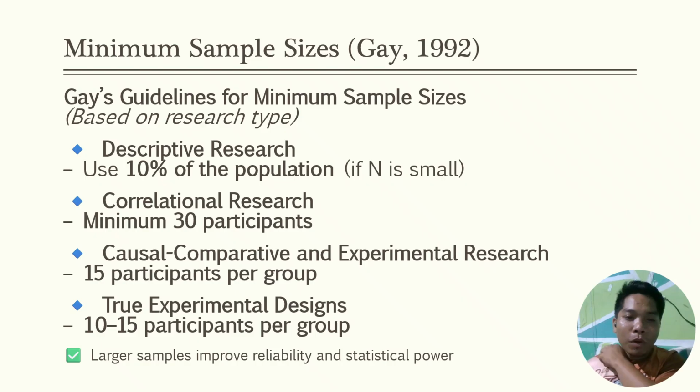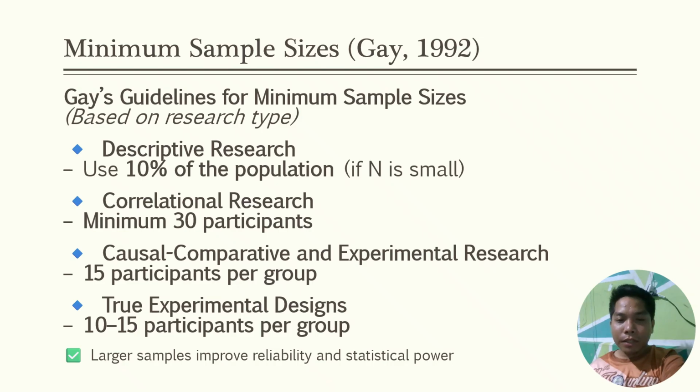So, minimum sample sizes. Not all populations use Slovin's formula. According to Gay's guidelines for minimum sample sizes, there are percentages for you to have an acceptable sample size.